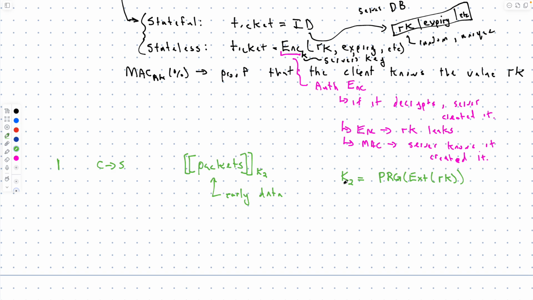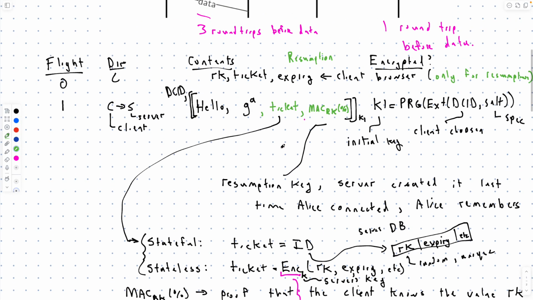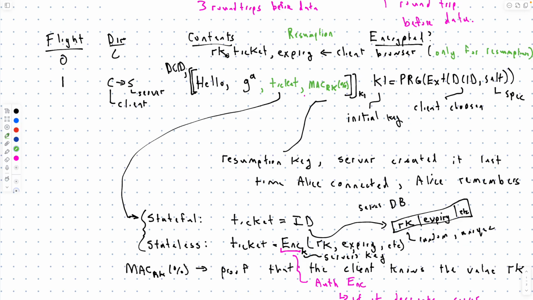I'm sort of simplifying these details, but anyway, we'll use the resumption key to start encrypting data. Now there's one problem with this.